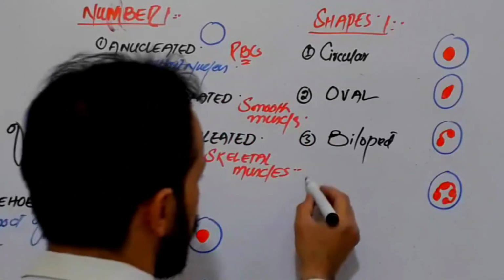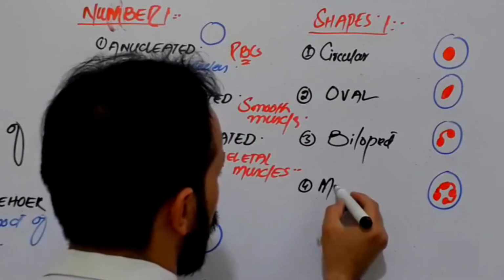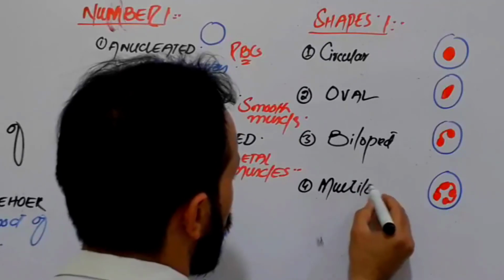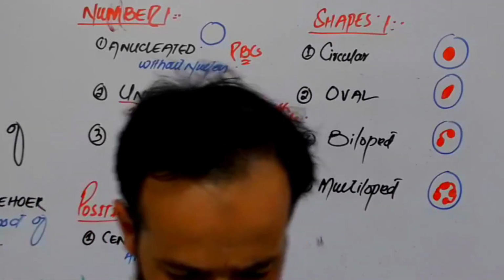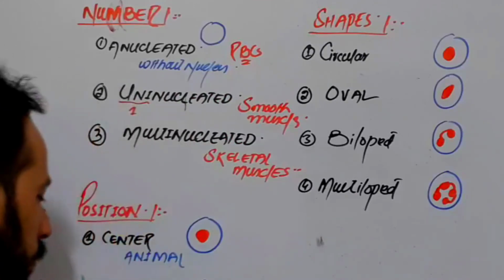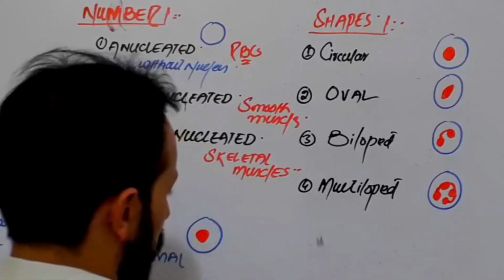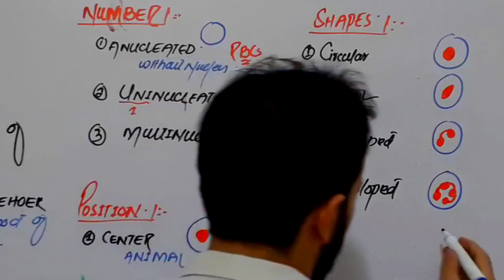So these are the shapes of the nuclei we should know. For example, in neutrophil, I will explain it, right? There can be another nucleus that is tri-looped.